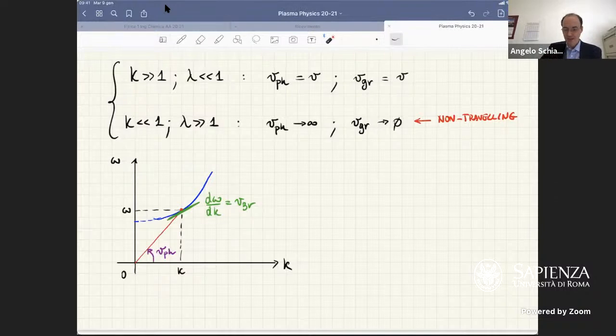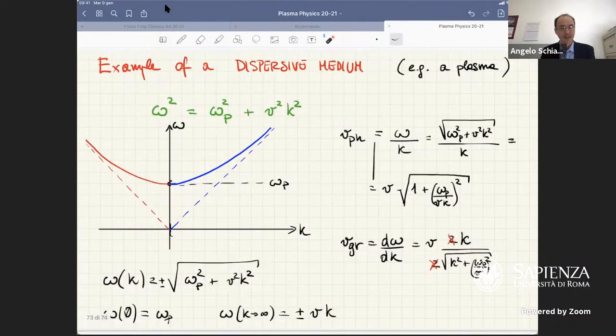So we'll have this kind of dispersion relation curves. And these dispersion relations are rather interesting because we see that for very large k, so for very small wavelength, they approach a non-dispersive medium.